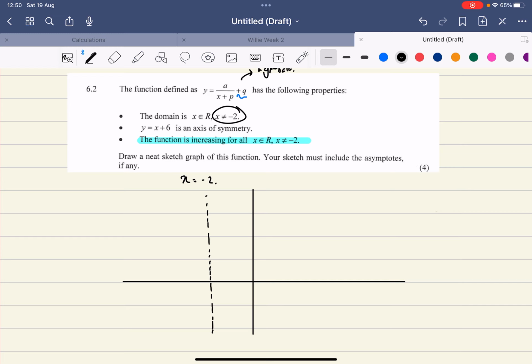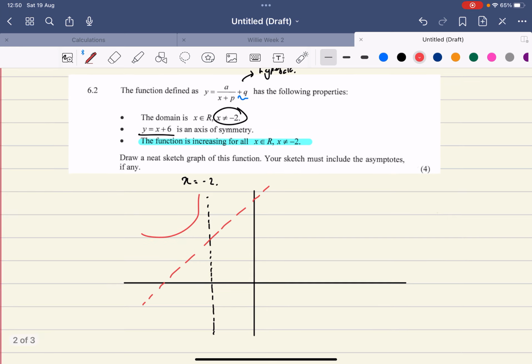And now we're going to use the fact that y is equal to x plus 6 is an axis of symmetry. So I'm just going to draw a rough diagram of y is equal to x plus 6 like that. And what you can hopefully see is that we're going to have a hyperbola that's going to be centered around this.